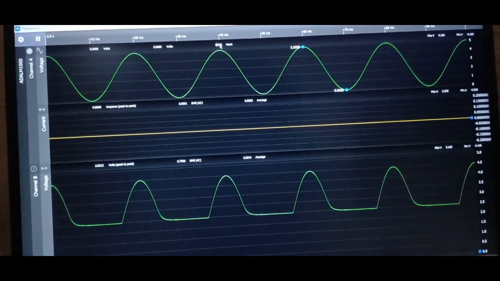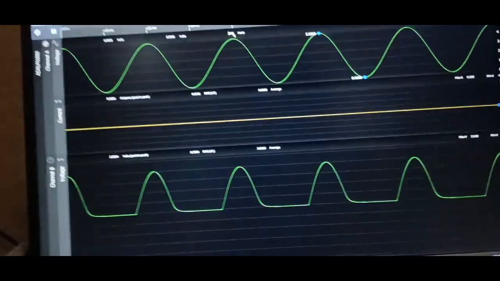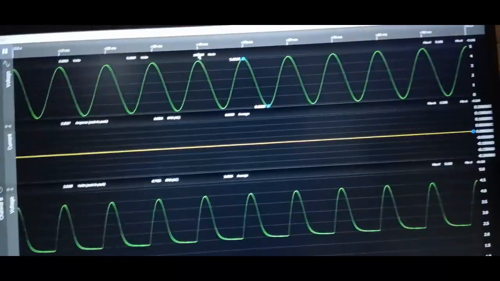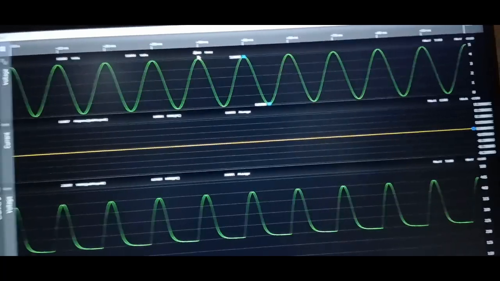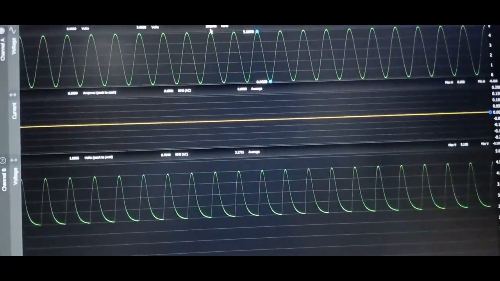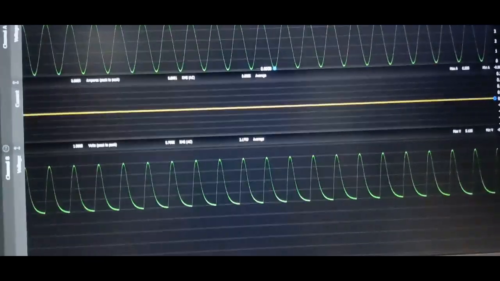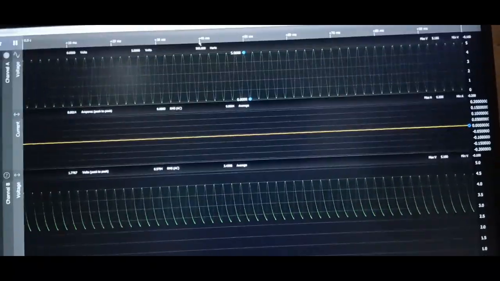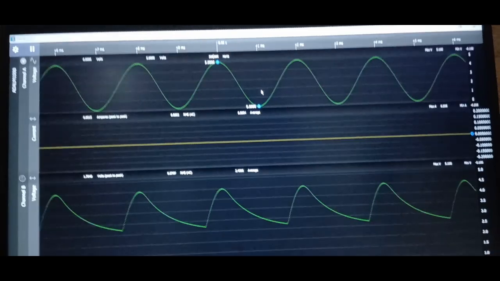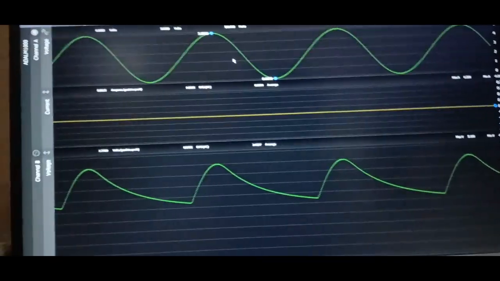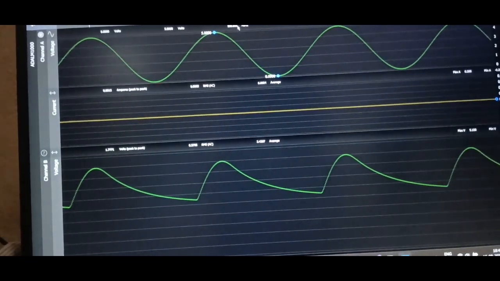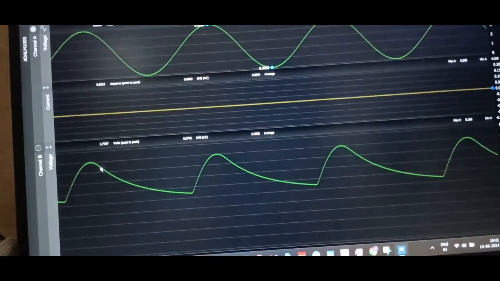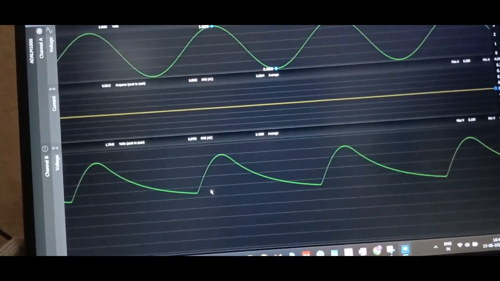Now I'll set it to 100 Hz. Okay. 200. As I increase the frequency, our output voltage waveform inclines towards a DC level.